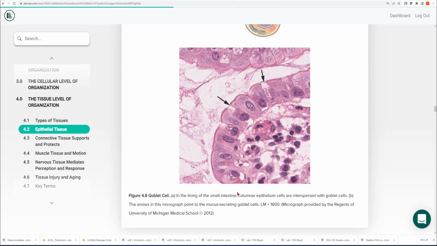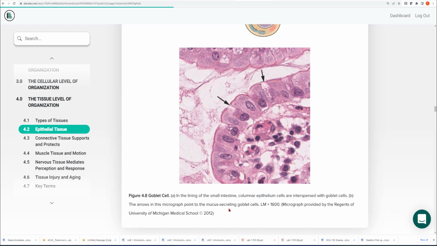Now the other place where goblet cells are present, I didn't mention it earlier, is in the simple columnar epithelium lining your intestines. You have goblet cells as well. So remember, goblet cells are producing mucus. Mucus is going to keep your intestines moist.